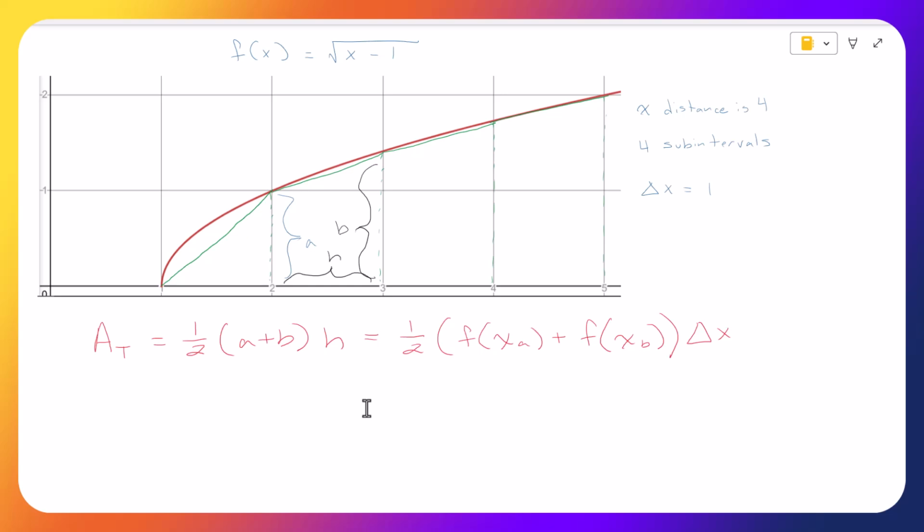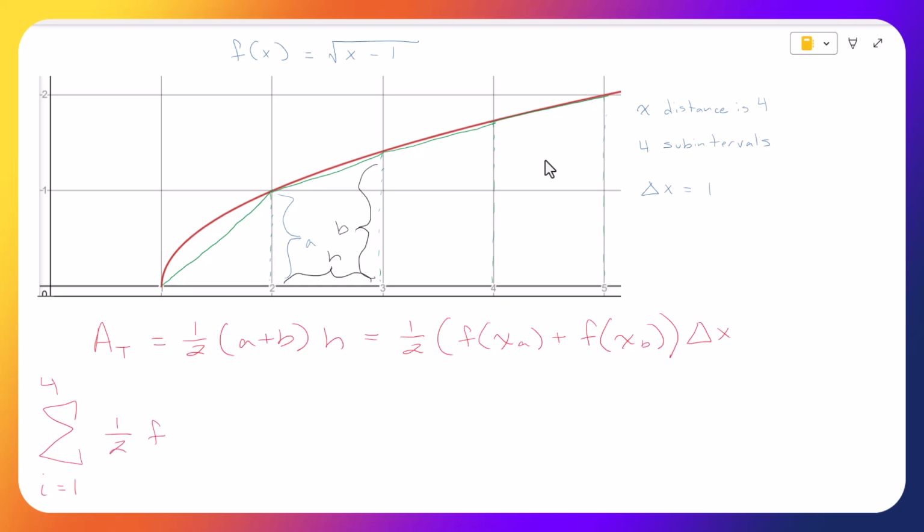This is going to be the sum from 1 to 4, since we're doing four trapezoids. We stop doing rectangles. And our xa here, we have f of 1 plus f of 2. Actually, I should use better notation if I'm using summation formula.